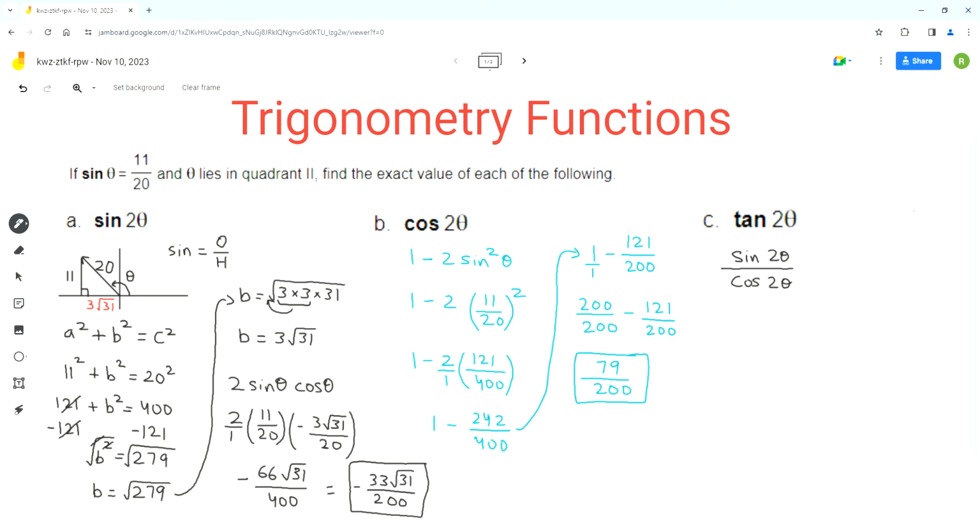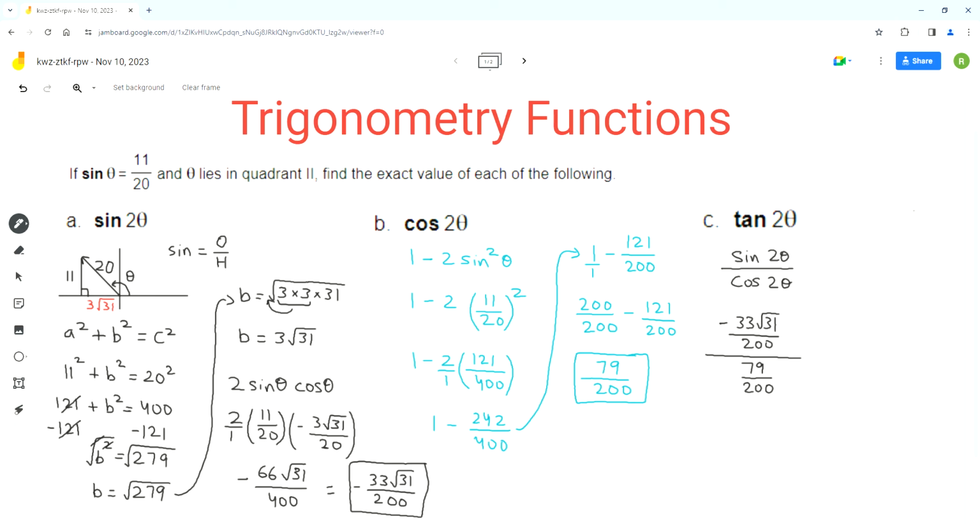Now we can sub in the values for sine 2 theta and cos 2 theta from part A and B. So for sine 2 theta we got negative 33 square root of 31 over 200, over 79 over 200.